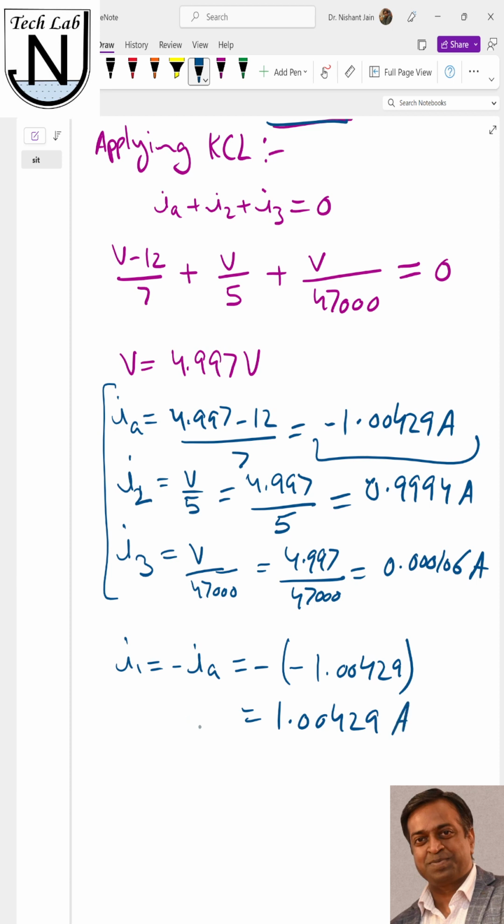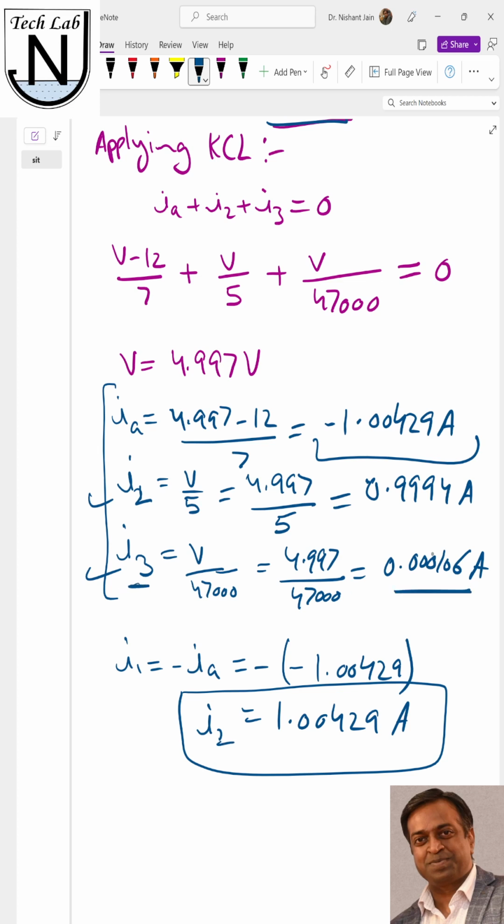So we get the values of I1, I2 and I3. If you look at the values, you will find that the value of I3 is very small in comparison to I2 and I1. It means that almost all the current in I1 is transferred to I2, and a very small current is transferred to I3.